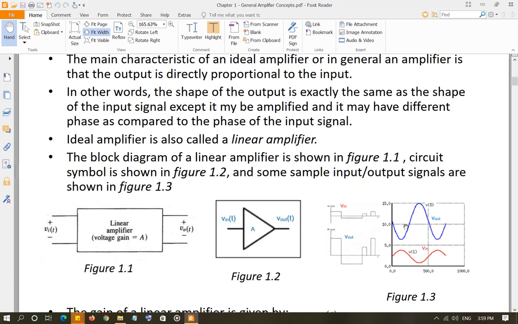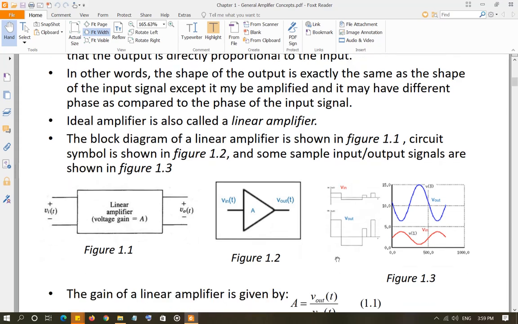However, the phase of the output is 180 degrees out of phase with respect to the input. When the output is low, the input is high, and vice versa. So it is possible that your output will have a different phase, but as long as the shape is the same, that means the amplification is linear and you are using an ideal amplifier.